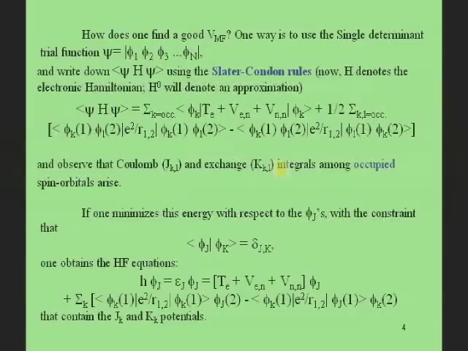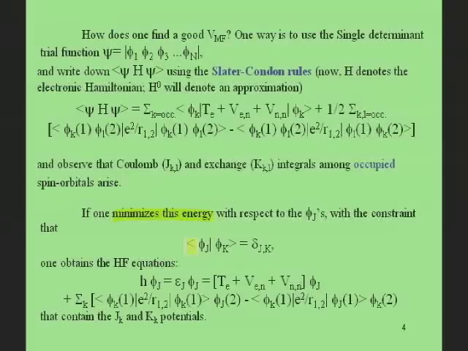Okay, now the idea of Hartree-Fock theory is the following. That's the formula for the energy of any Slater determinant. But now the question is, is there a way we could have chosen these spin orbitals, these phi's, so that they give the minimum value of that energy? So we do a derivation where we say, let's vary this energy with respect to these orbitals and ask which orbitals make that energy minimum.